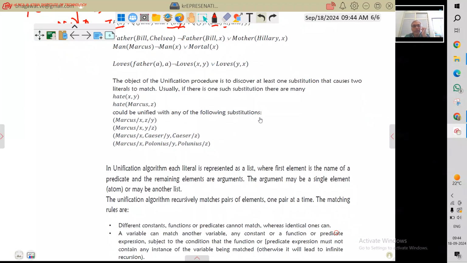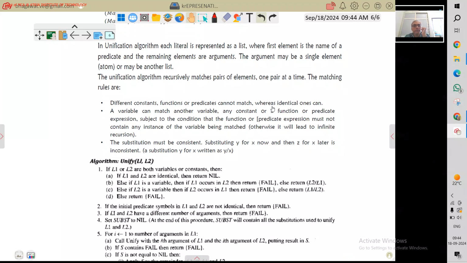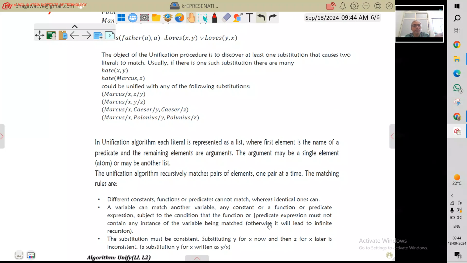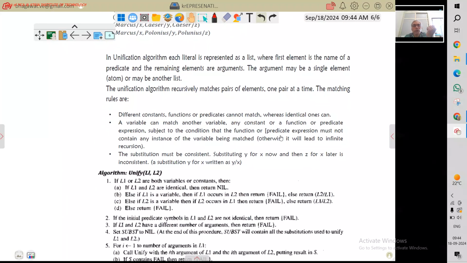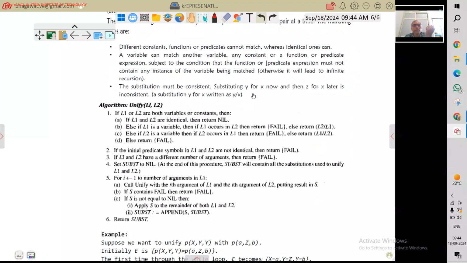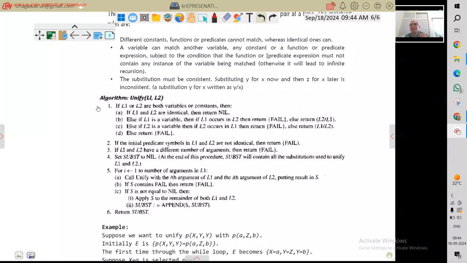Now when you look into this unification algorithm, here we have got some examples which you can go through in the slides later. Sometimes in the exam you will have a question which asks you to explain the algorithm of unification with an example, or they may ask you to explain the algorithm of resolution. So the algorithm is also very important to understand.